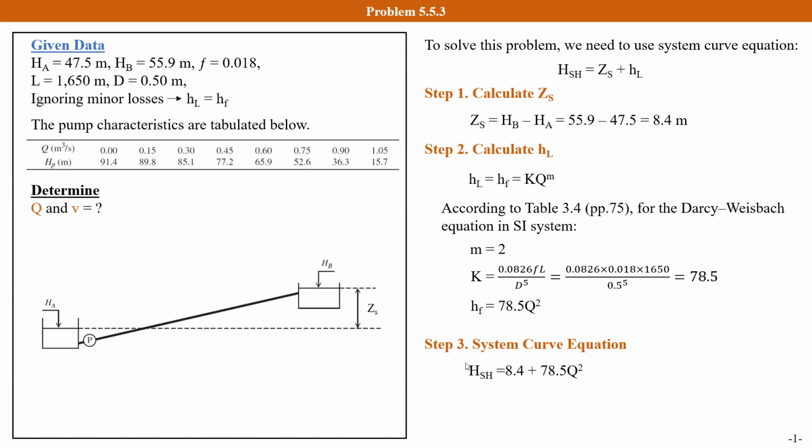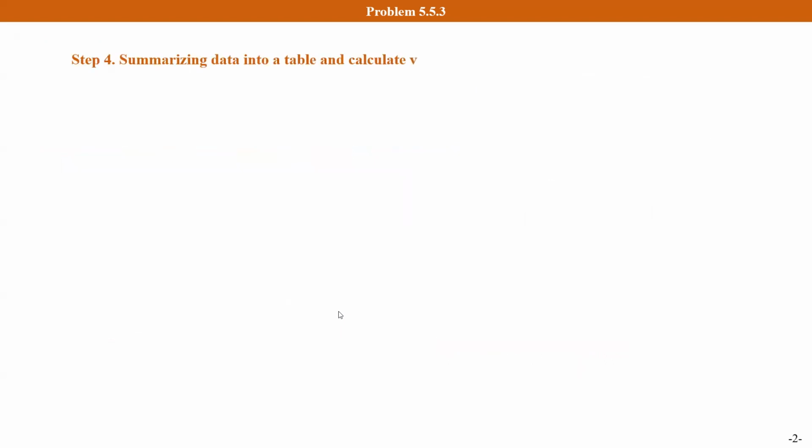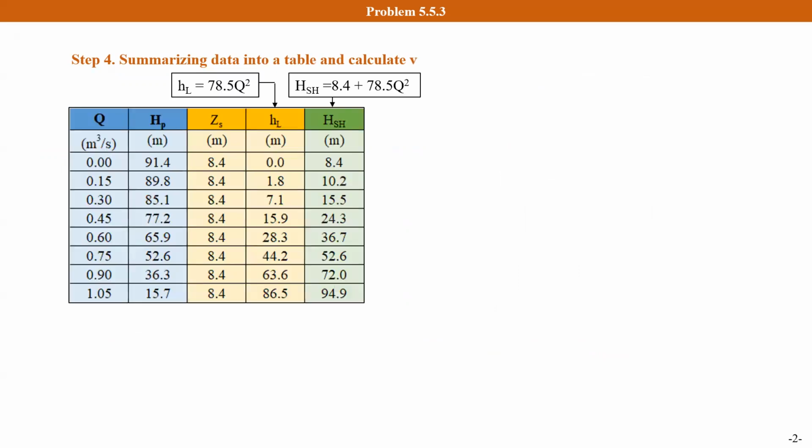So the next step is to summarize the information into a table, determine the flow rate, and then calculate the velocity. The table is listed here.